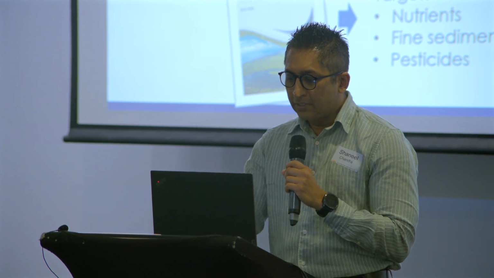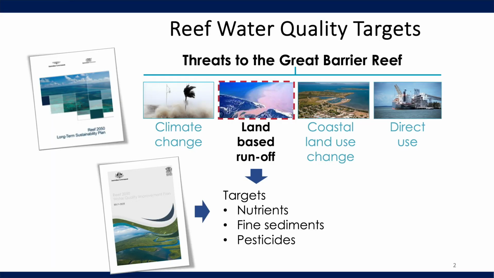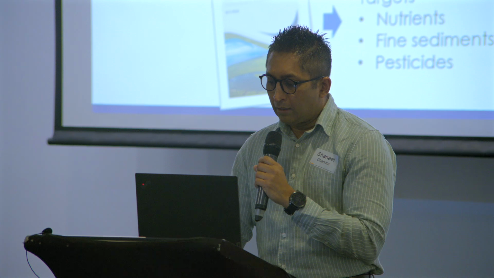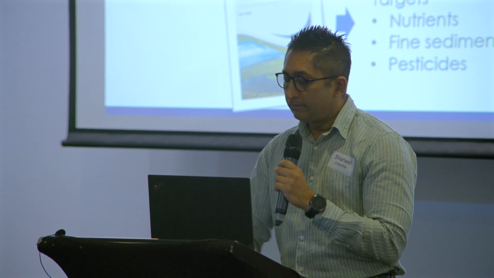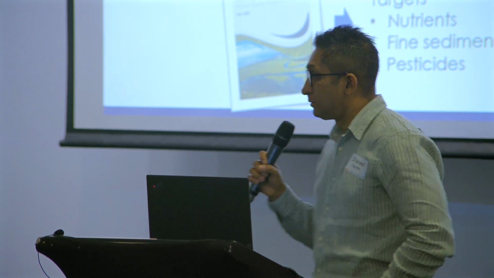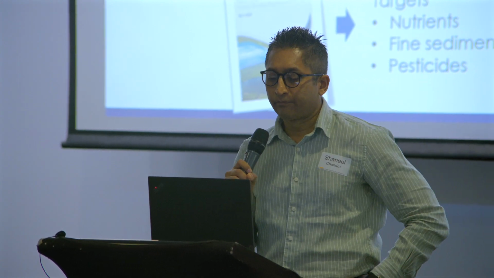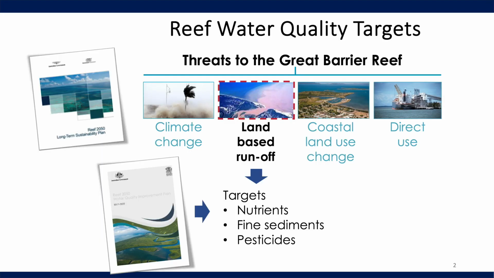So apart from climate change, we've also got threats like land-based runoff and coastal land use change, as well as direct use. Now, with land-based runoff, our focus is on nutrients, fine sediments, and pesticides. Fairly self-explanatory, because nutrients influence growth of algae, which affects coral growth as well, and it also leads to things like eutrophication.